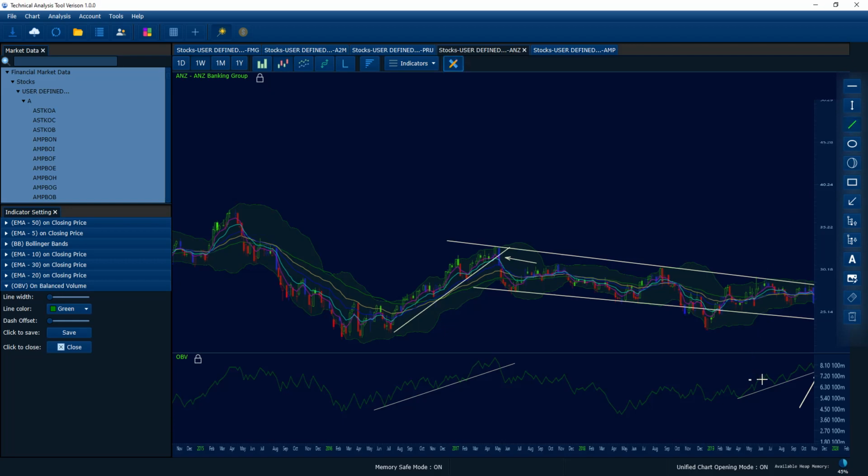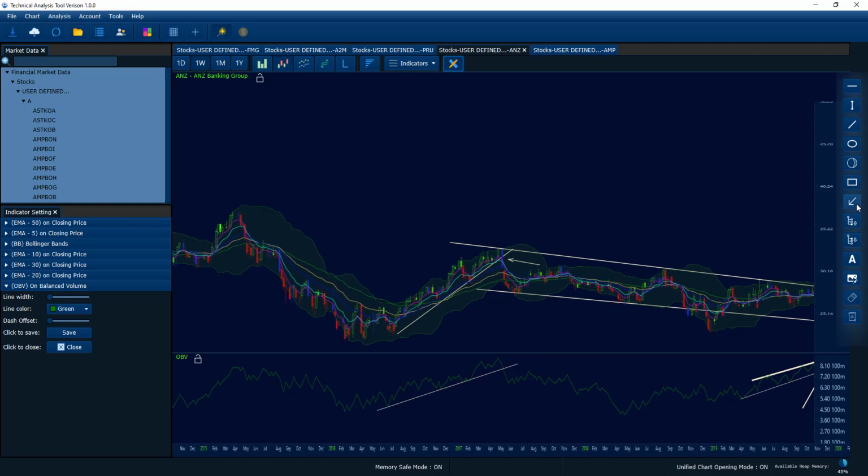Because the OBV forms a trading pattern as well, you have to wait for this OBV line to break above this trading range. But the most important thing is we are always looking at the chart itself. We have to wait for the price to break above this range with decent volume.